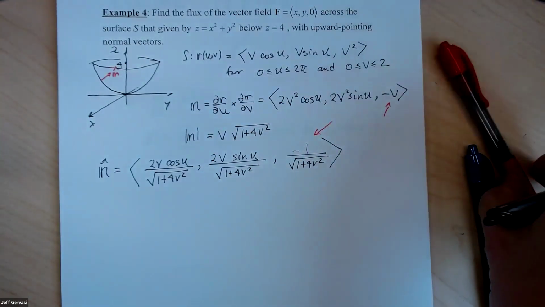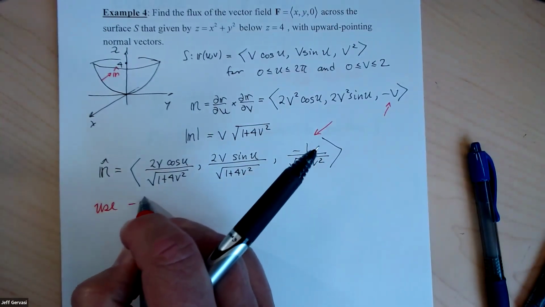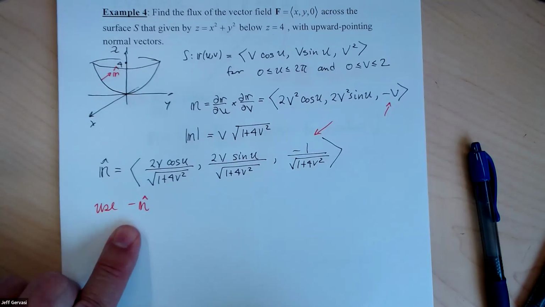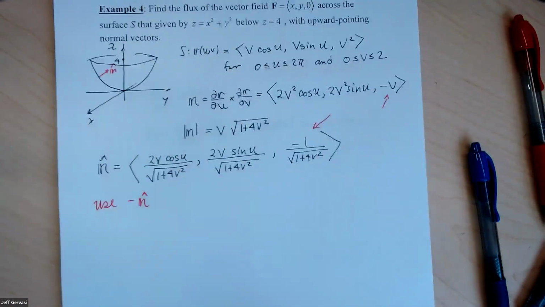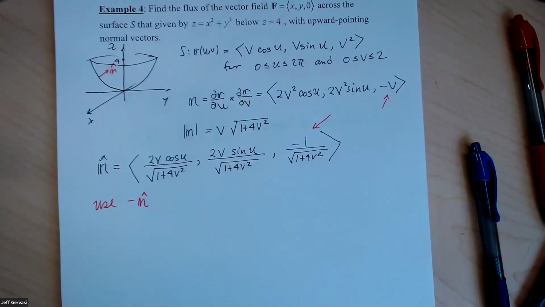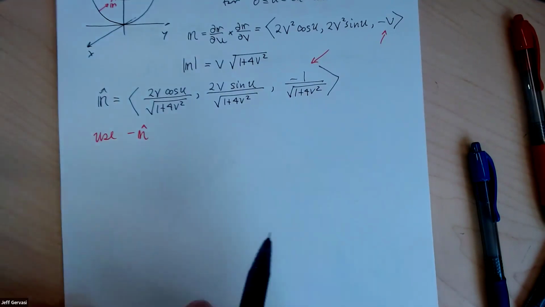So I'm going to make a note to myself that we're going to want to use the opposite of that. That will make the third component positive, which means our unit normal vectors will be pointing in the upward direction. The next thing, we're going to calculate F dotted with n.